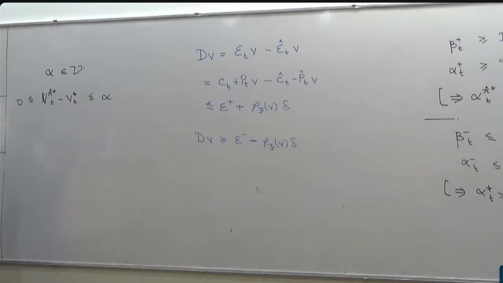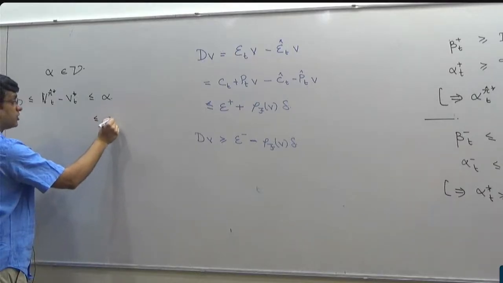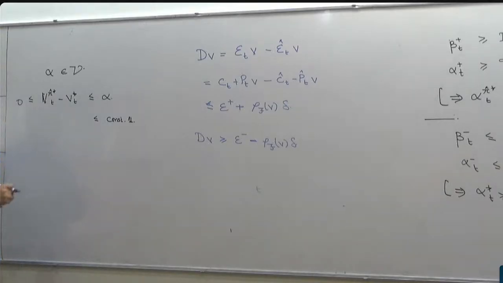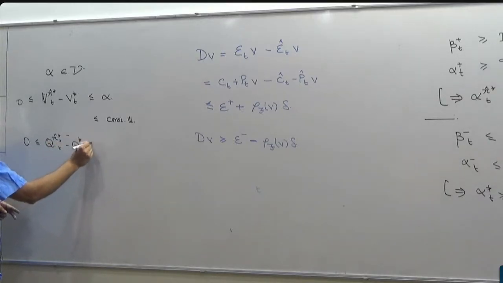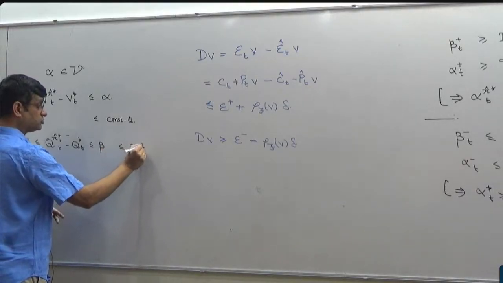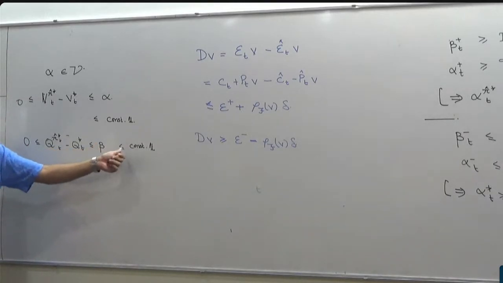What we did earlier was to say this is less than or equal to some constant times 1. And I also have the bound 0 is less than or equal to q pi hat star t minus q star t, which is less than or equal to beta, and we were trying to get this to be less than or equal to a constant times 1 also. Okay. We can try to get something somewhere in between.